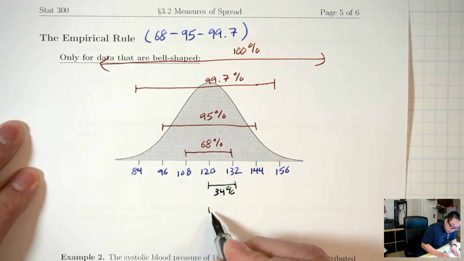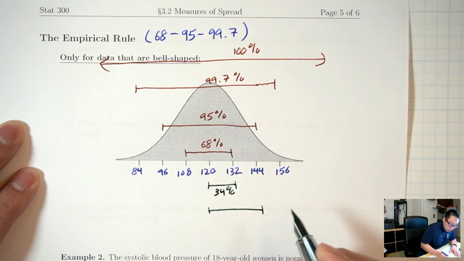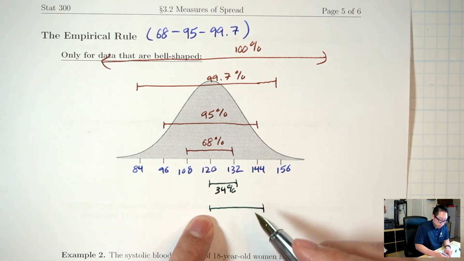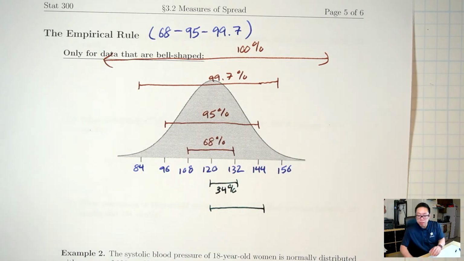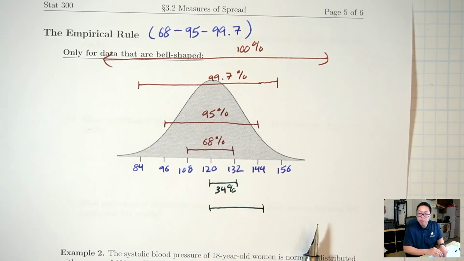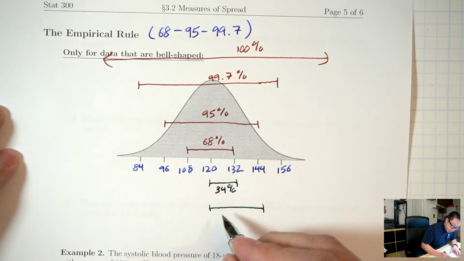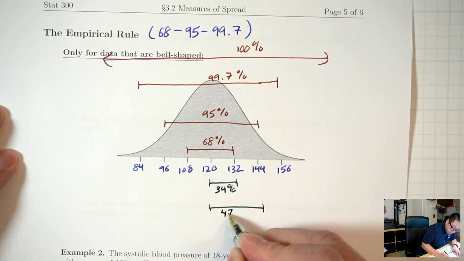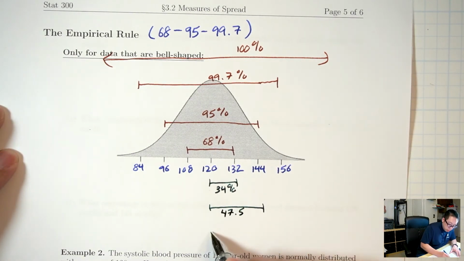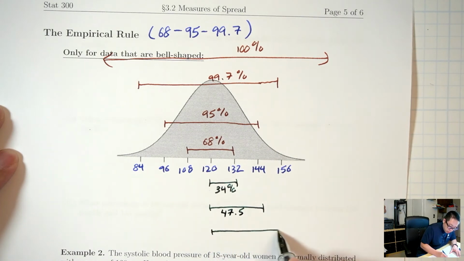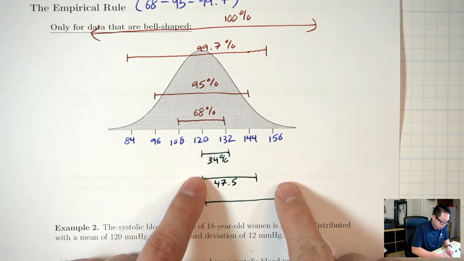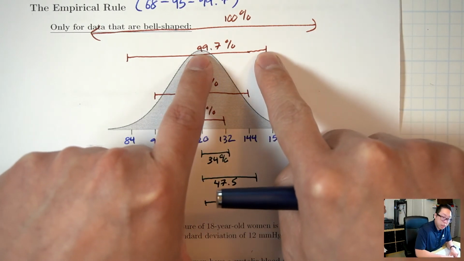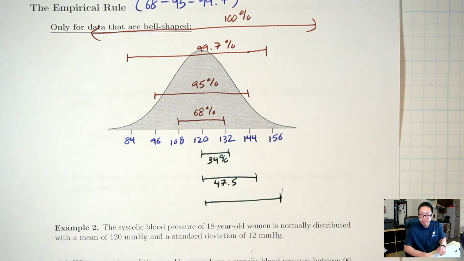What about from the middle to 144? So middle to 2 up should be half of the 95%. So 95 divided by 2, 47.5. What about the middle to the 156? So middle to 156 should be half of the 99.7.